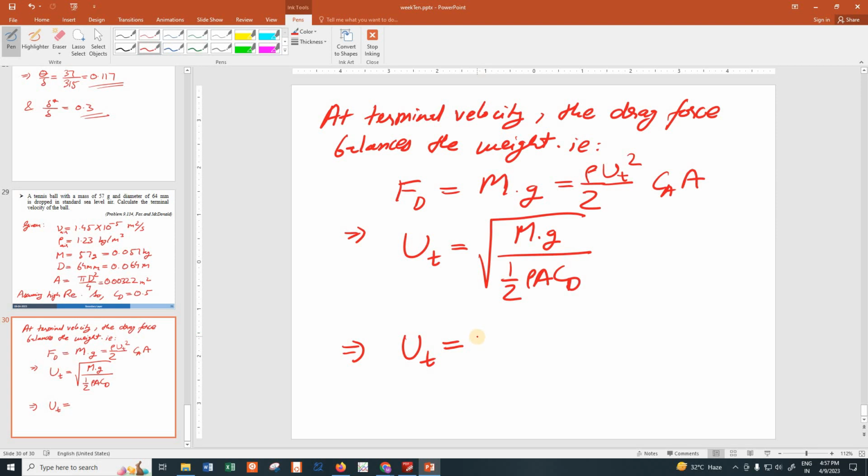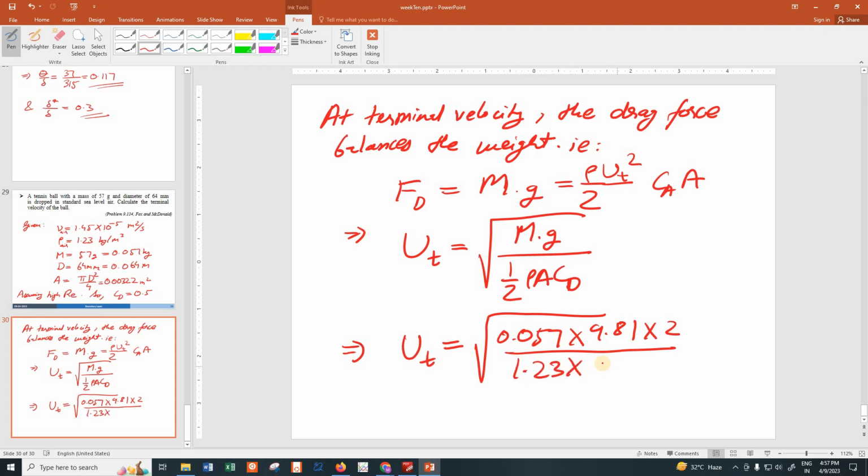If we substitute everything, under root of 0.057 into 9.81 into 2, divided by density 1.23, area 0.00322, and drag coefficient 0.5.